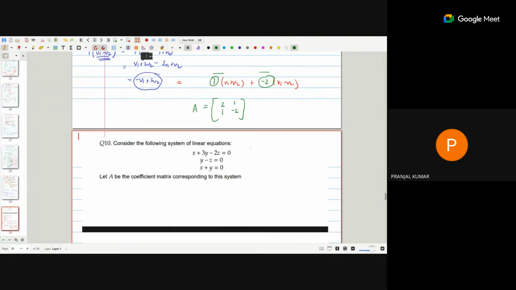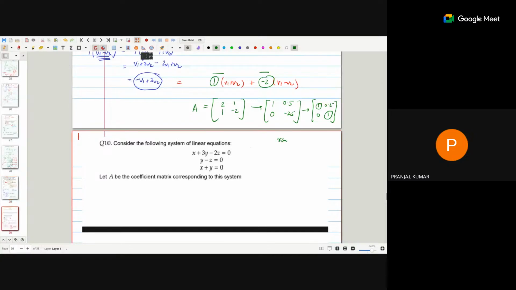Fine. Okay. Now you can convert it to its REF. I'm directly writing the REF. It would be 1, 1.5, then 0, minus 2.5, so then 1.5, 0, 1. So how many pivots are there?